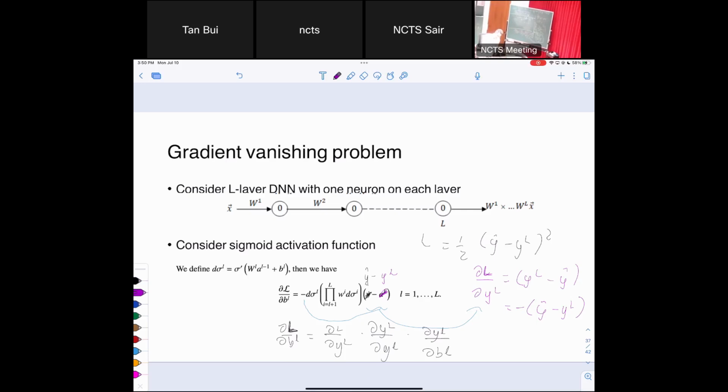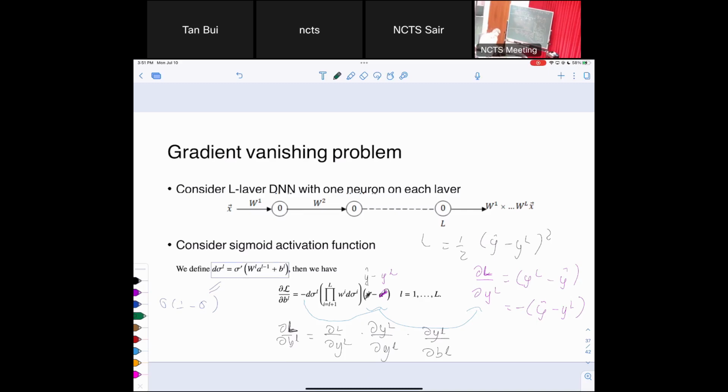And remember, our notation is this: d sigma_L is sigma prime, right? But sigma prime itself is sigma times 1 minus sigma, if you want to expand, but the d sigma is just sigma prime. Okay, and I have just shown here, right?